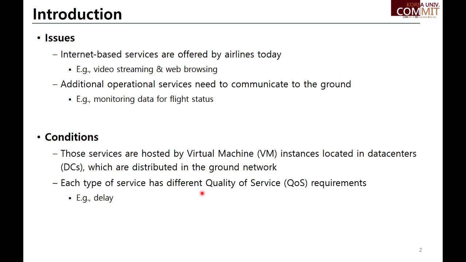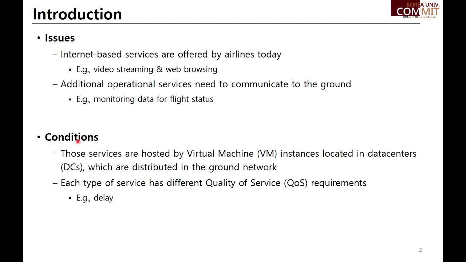There's an issue here. Internet-based services are offered by airlines today, like video streaming or web browsing. And additional operational services need to communicate to the ground, like monitoring data for flight status.